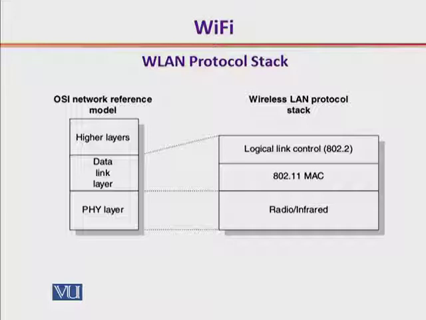At the physical layer, 802.11 supports both radio and IR. As you can observe, if it is using radio, then it is 802.11b, but if it is using IR, then it is 802.11 IR. But overall, generally speaking, when we refer to Wi-Fi, we are referring to 802.11.